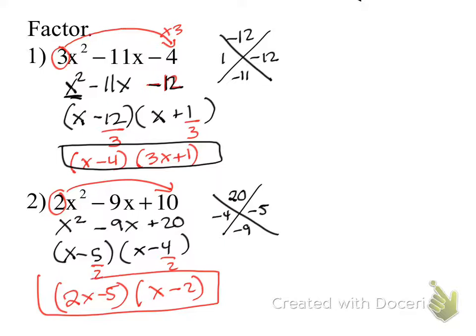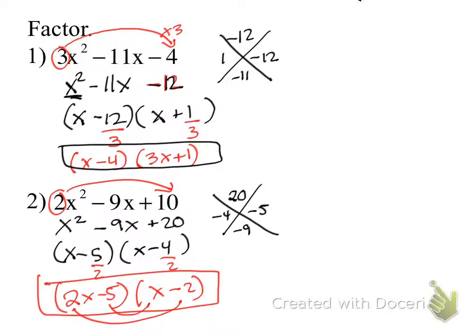Perfect. Okay. Double check it. Are you checking it? Double distribute. Just do a mental check. Yes, that makes 2x squared. I really check my middle terms. Minus 7x, minus 5x, minus 4x. Yes.